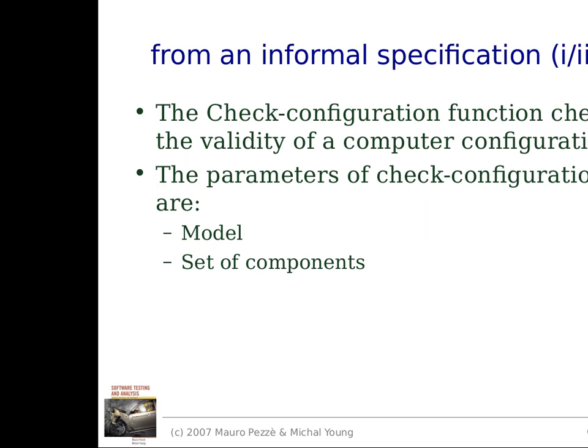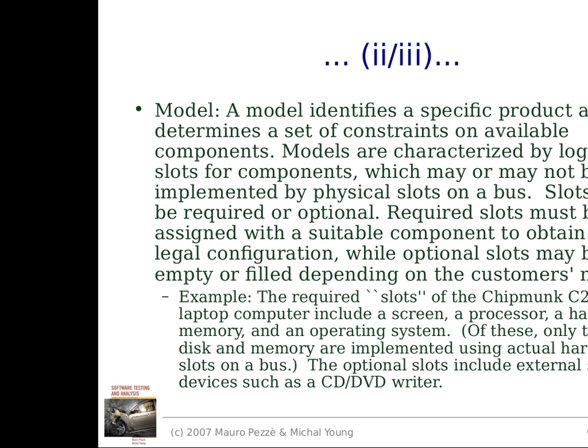All right. So here's an informal specification, aka here's our example. You might have a check configuration for when they're ordering, to check the validity of a computer configuration that someone's ordering. So you must have a model and then a set of components. A model identifies the product, determinant, etc. The model number will say what the rest of it can have.